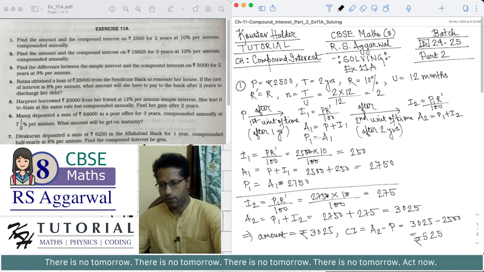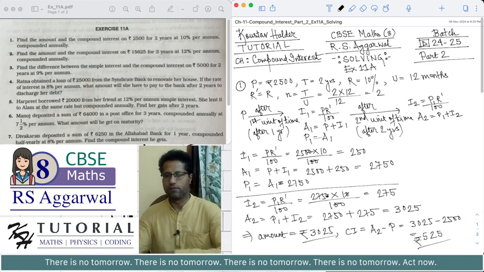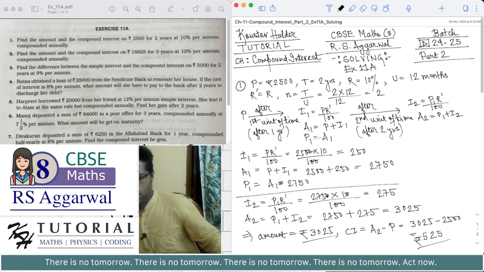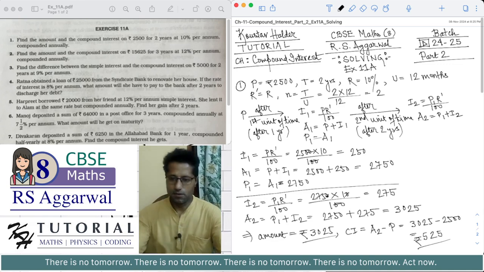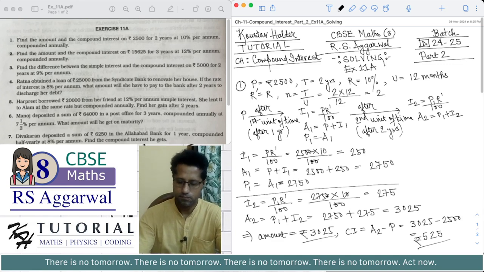Rupees 525 is the compound interest, and the final amount is rupees 3025. Now it is highly possible that I might make some calculation mistake, so please ignore that. Please try to focus on the concept that I am applying to solve the problem.